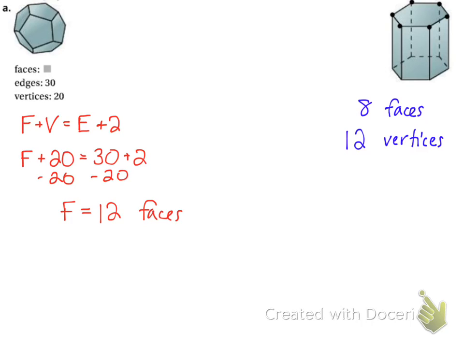And so again, sometimes it's kind of a pain to count all the edges, but if I wanted to figure out how many edges I had, I could just go ahead and use Euler's formula. I can go faces, so I've got 8 faces plus 12 vertices equals my edges plus 2, and then work my way backwards. 8 plus 12 gives me 20, and then subtract 2, so I have 18 edges.